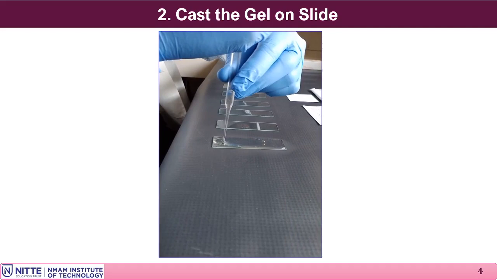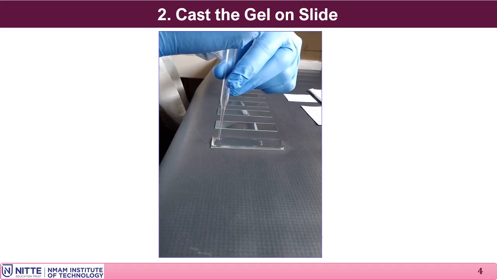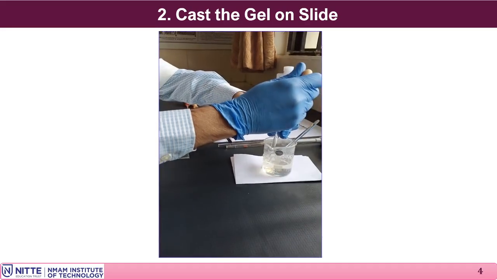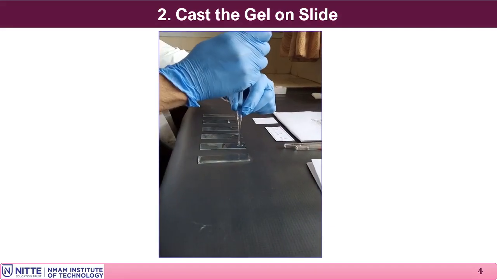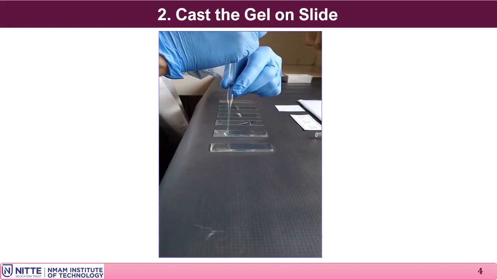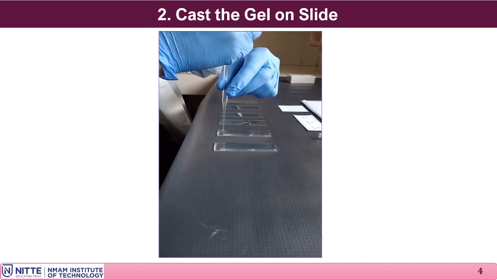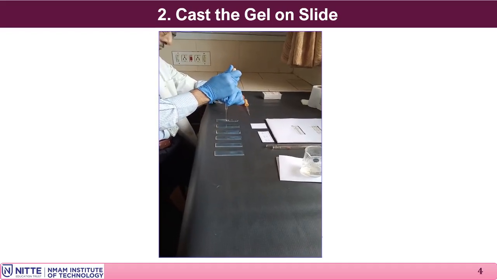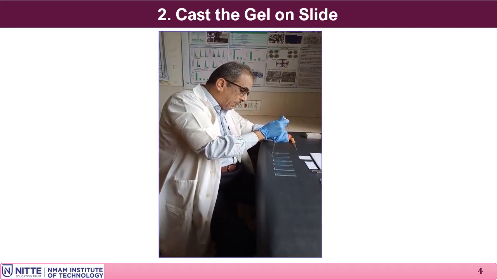By gently dropping and without disturbing the surface, and by keeping the slides on a perfectly horizontal surface, the agarose will form a uniform layer over the slide. And 3.5 ml of agarose on the slide will form a thickness of 3 millimeter thick gel once the agarose solidifies. The slides prepared in this manner are kept at laboratory temperature for 5 to 10 minutes until the agarose solidifies.